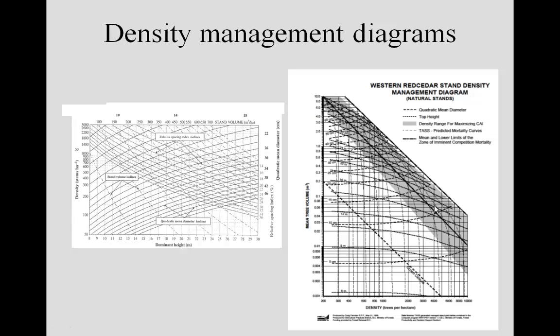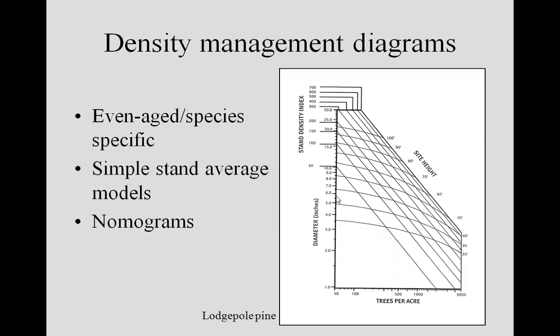Density management diagrams come in lots of different forms, variations, depending on where you're working. The one on the right is a standard format in British Columbia and other parts of Western Canada. The pretty complicated one on the left comes from Spain.